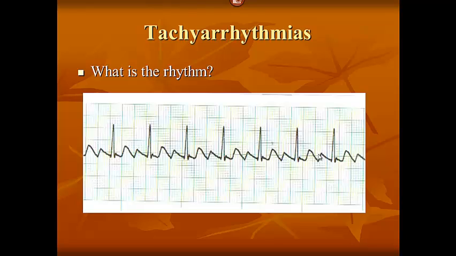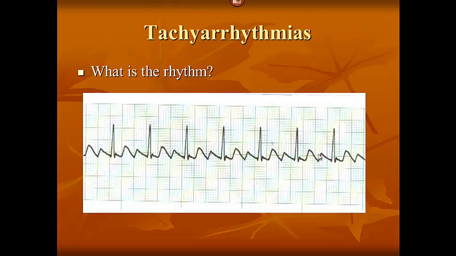What type of rhythm is this? This is one of the types of tachyarrhythmia, which is atrial flutter. Atrial flutter occurs when there is a reentrant circuit present, causing a repeated loop going back and forth of electrical activity to depolarize the atrium, sometimes at a rate as fast as 250 to 350 beats per minute.